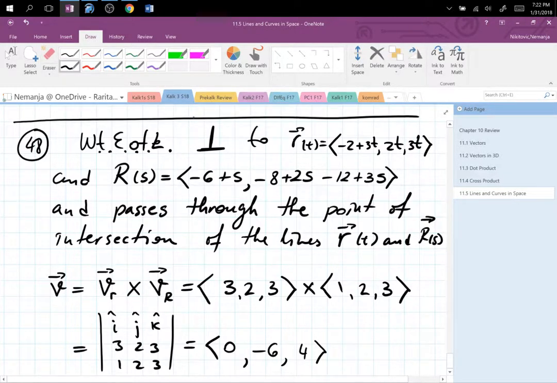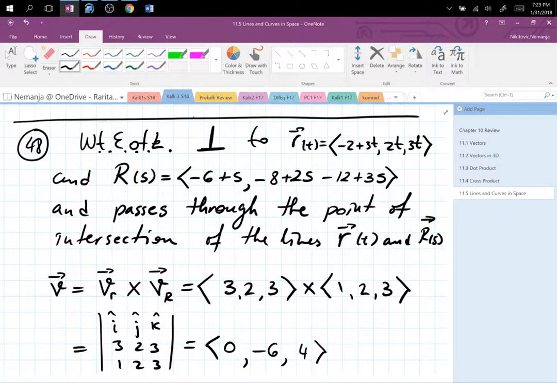Last class we said that if you have 2 vectors in space, the cross product of those 2 vectors gives you the perpendicular one, which is the reason why we're taking the cross product of the directions of those 2 lines. Directions of the lines are encoded in their ABC slope, which are the numbers in front of t's. So the first vector, 3, 2, 3, is from the first line, and the second vector, 1, 2, 3, is from the second line. So you just take the slopes and put that into the vector? Okay.